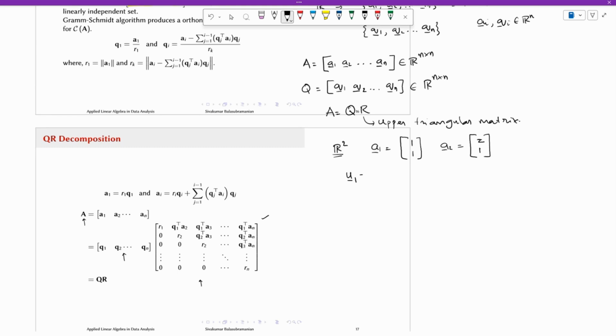How do we get, I'm calling it Q now, how do we get q1? What is the first thing you do? You take the first vector and normalize it. What is the norm of a1?